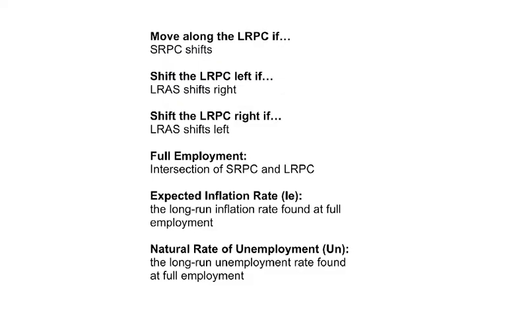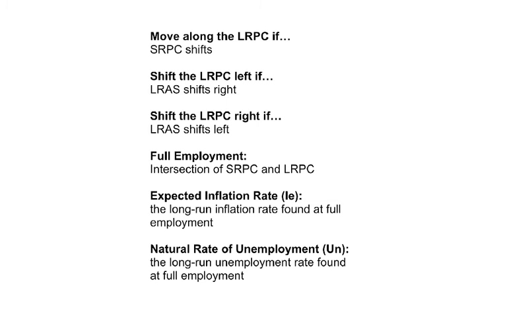Finally, just a little summary of what we've talked about in this video. So again, you move along the LRPC if SRPC shifts. You shift the LRPC left if LRAS shifts right. You'll shift the LRPC right if LRAS shifts left. Full employment or long-run equilibrium, another way to show that is where SRPC and the LRPC intersect.